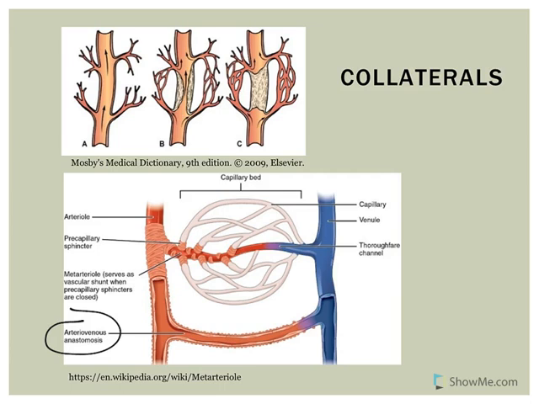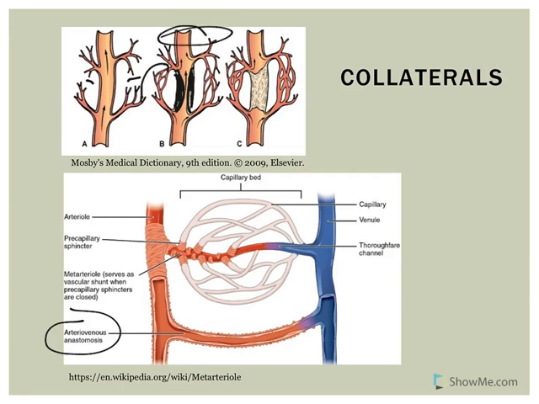Think of them as backups. We all have collaterals to some extent, but you don't really see them here. They're microscopic. But if you see at B, we're starting to block blood flow. Maybe someone is developing atherosclerosis, some plaquing in that vessel, and that's going to affect the amount of blood getting through that vessel to this tissue up here.